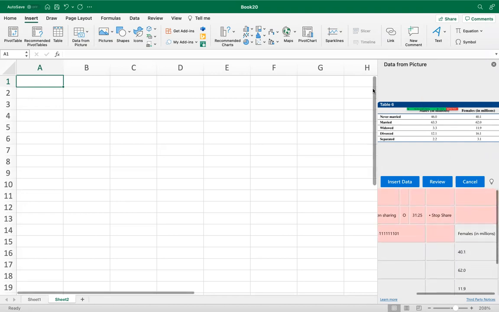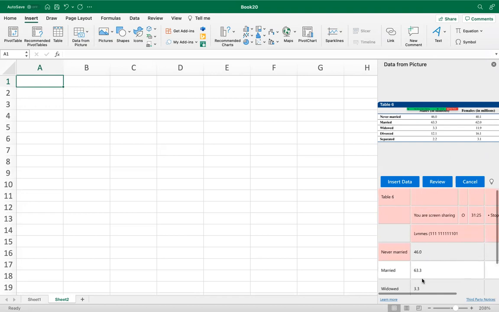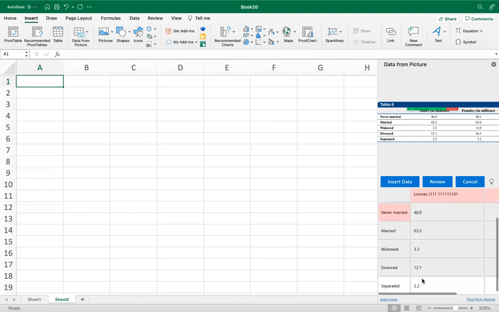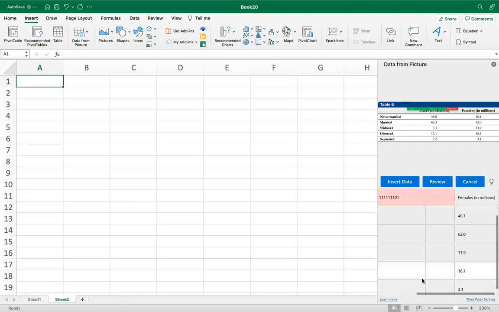Oh, the bar that you guys don't see. All right, so never married and females here.